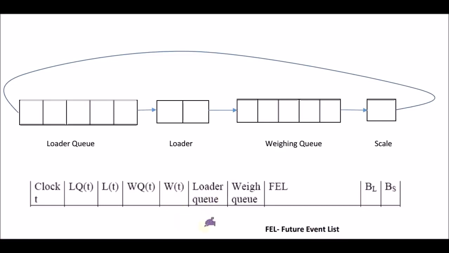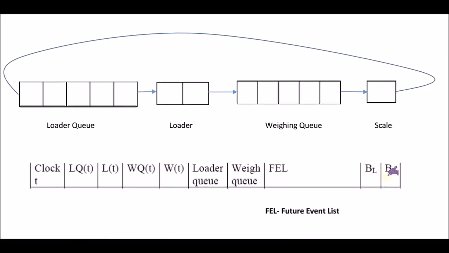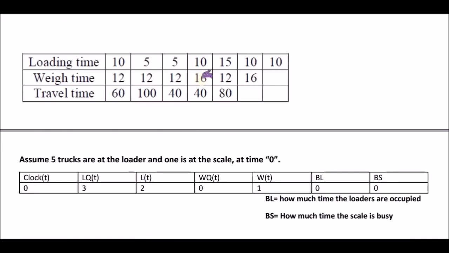What are the truck numbers in the loader queue? The truck numbers in the weighing queue? The future event list? And then finally, BL and BS. BL is loader busy time. BS is scale busy time. We have seen all of this a few minutes back. The only new thing is these last three.